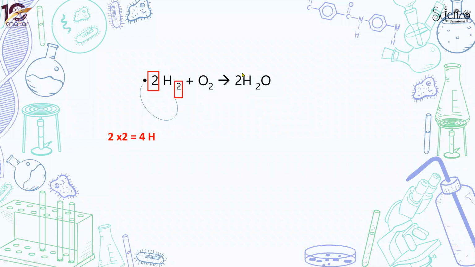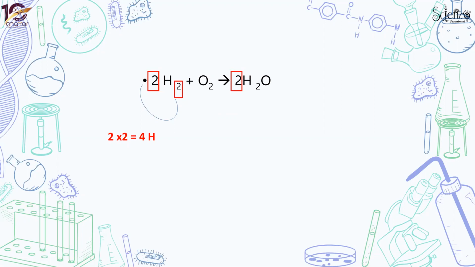Now, how many hydrogen atoms in the product? I have 2 here in front of the water molecule. Since it's in front of the water molecule, it means it's for the whole water molecule. So this 2 is multiplied by the hydrogen and with the oxygen. I want to find only the number of atoms of hydrogen.